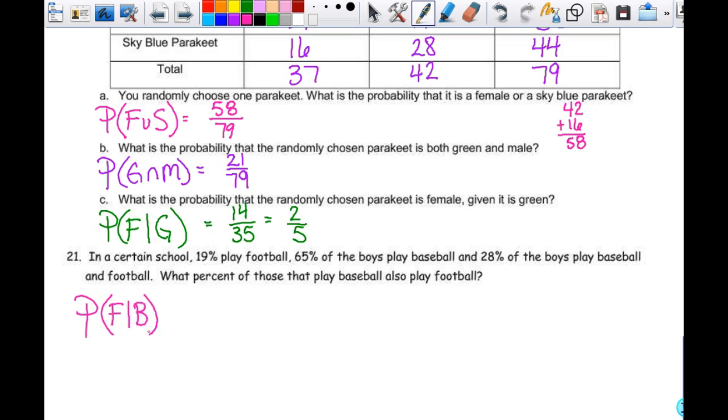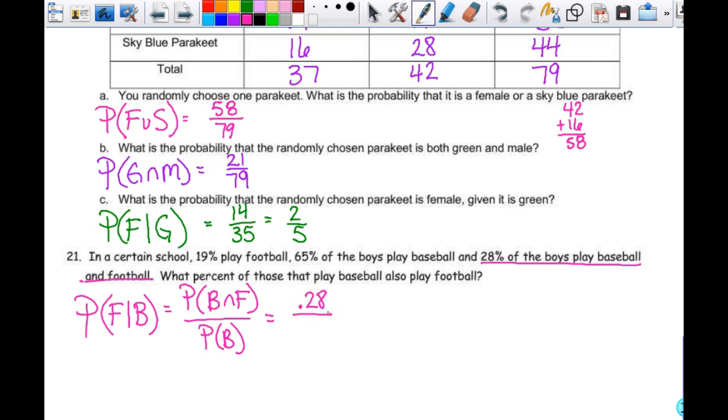And so this is another one of those that we probably need to use the formula for. We're looking for the probability of baseball and football over the probability of baseball. Just because they give me 3 numbers doesn't mean I have to use them all. The probability that they play baseball and football is 28%, so that's 0.28 up here.